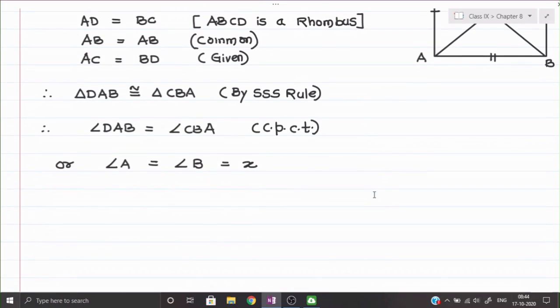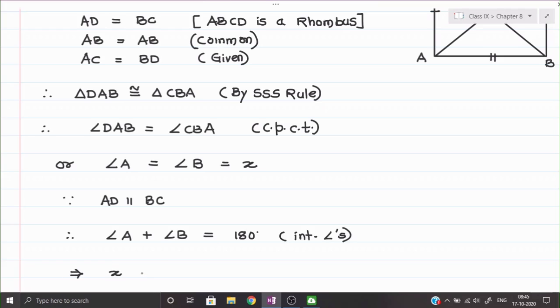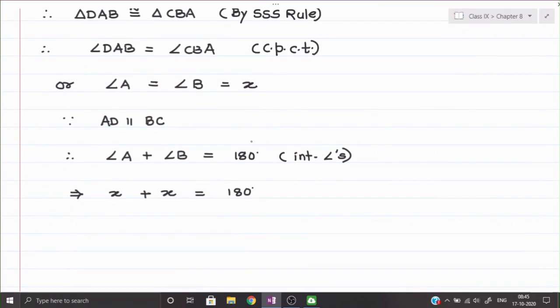Now further we'll write down, since AD is parallel to BC, therefore angle A plus angle B is equal to 180 degrees. The reason can be given: interior angles. Which implies that angle A is equal to X, angle B is equal to X, and the sum is equal to 180 degrees, because angle A and angle B are both equal. So this will be 2x is equal to 180.